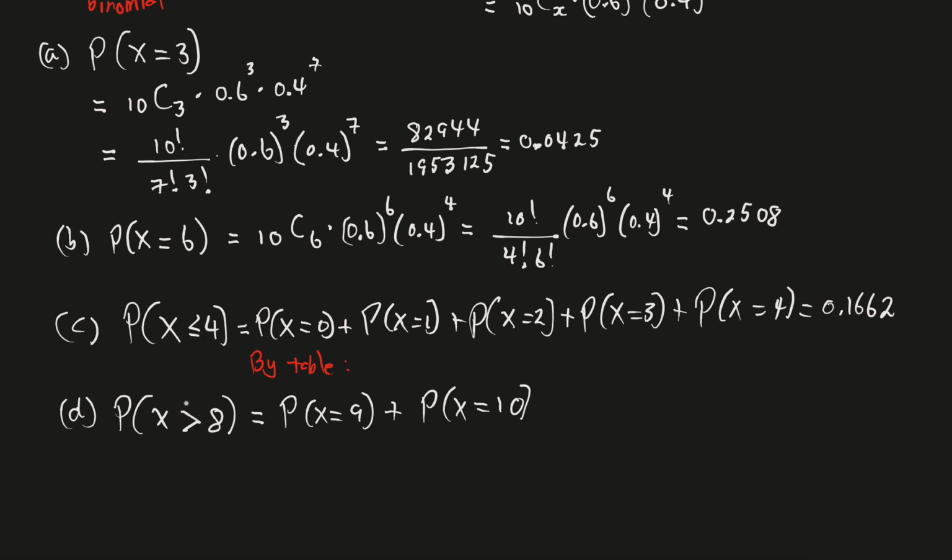So what we would have to do is use one of our probability rules to convert this into something that has an inequality with less than or equal to. So the complement of x greater than 8 is x less than or equal to 8. So another way to write this probability is this: 1 minus the probability that x is less than or equal to 8.